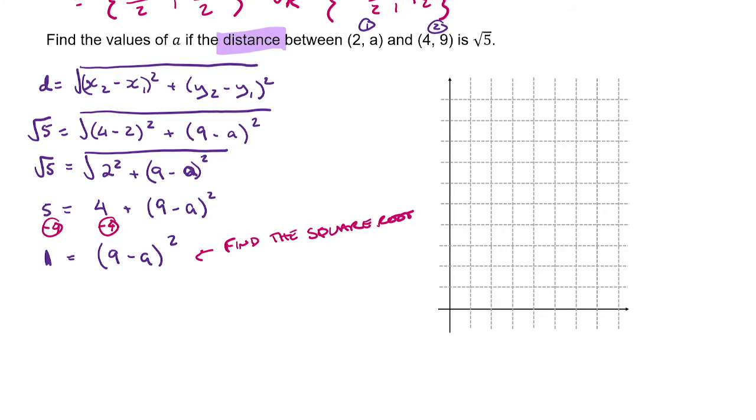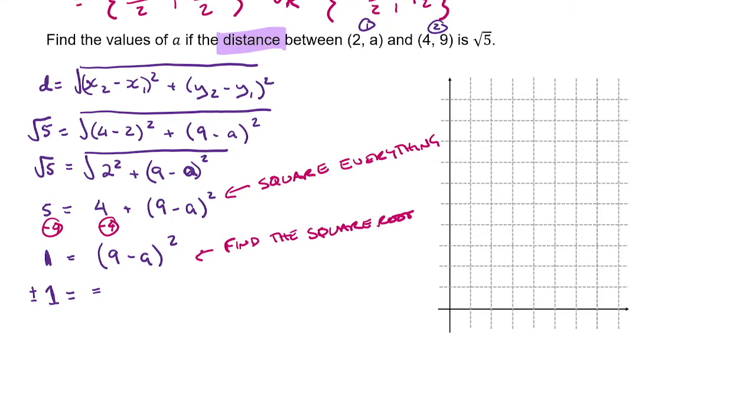Alright, so for this one here I have squared everything. And now I'm going to find the square root. Okay, so square root of 1 is actually plus or minus 1. So it's a plus 1 or it's a negative 1. So I'm going to use my plus minus sign and the 1.